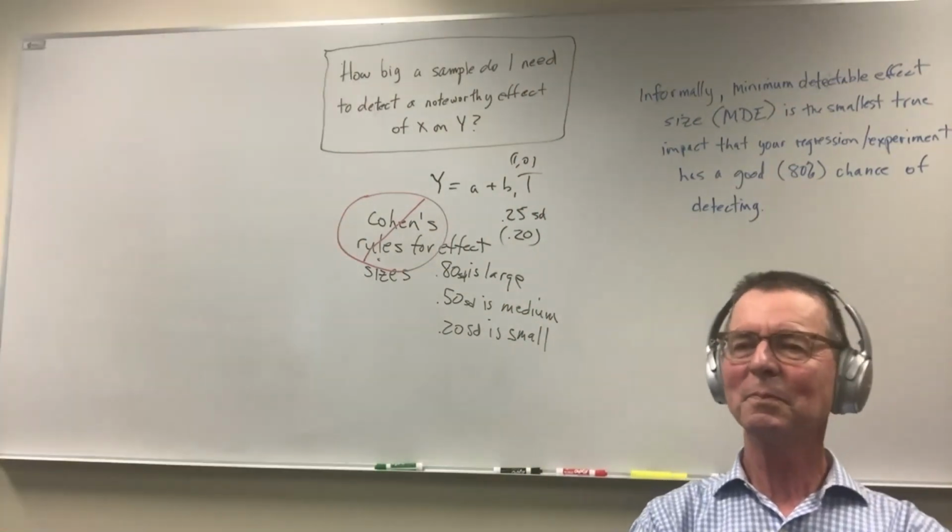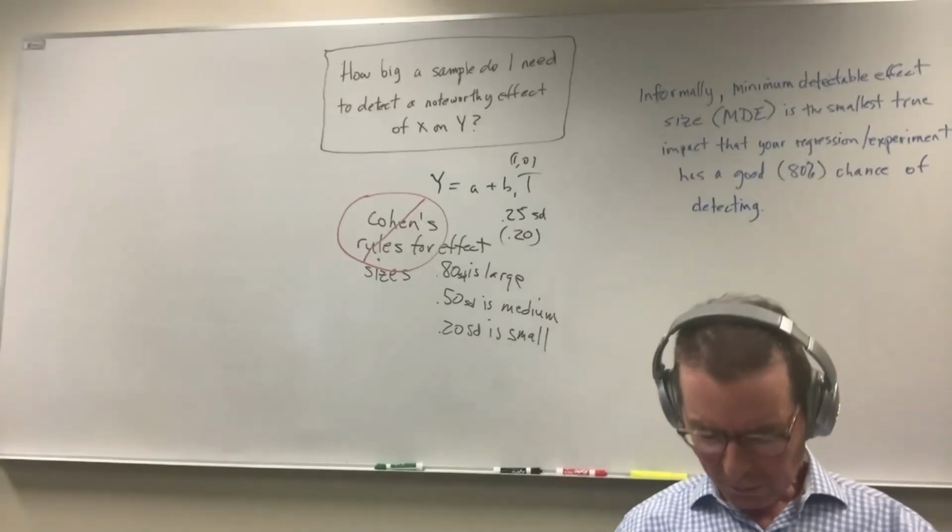Yes. Please. Okay. So practically, when you're finding how big of a sample you need to detect a noteworthy effect, how do programs like the ones on the problem set actually do that? How do those work? That is the next thing we're going to turn to.